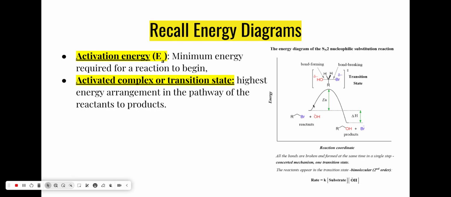Now there are ways that we can lower the EACT. We can lower EACT by, as an example, having a catalyst. Other things we can do with energy diagrams is we could simply take our reactants and help them along by putting them in a higher state of energy to begin with, so they don't have as much energy to surmount the reaction barrier, i.e. achieve the transition state there.